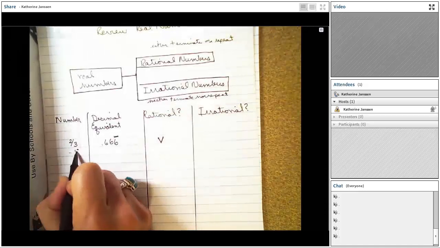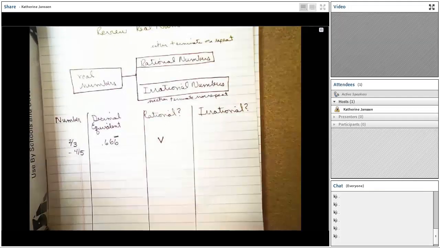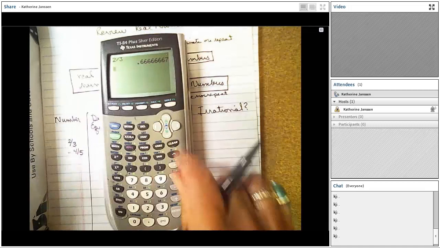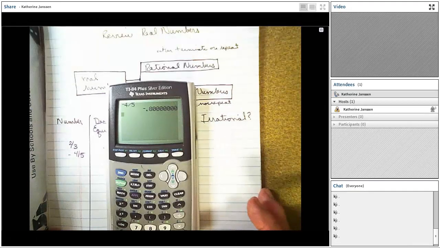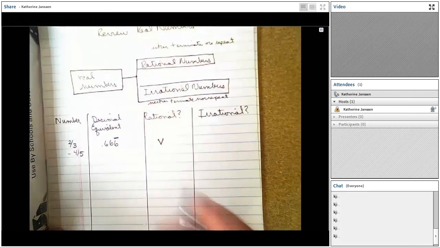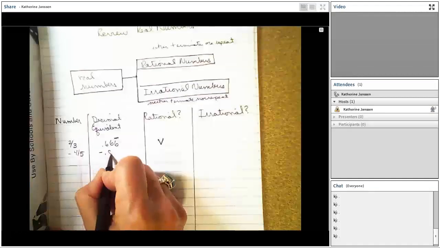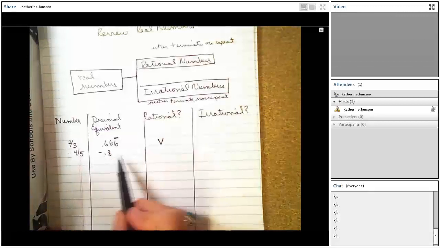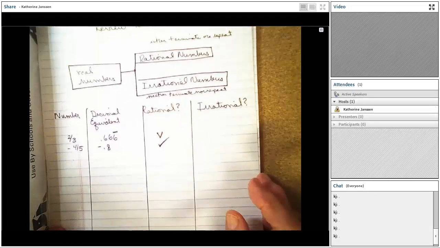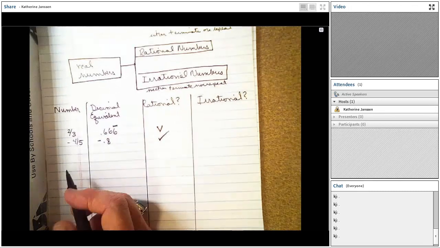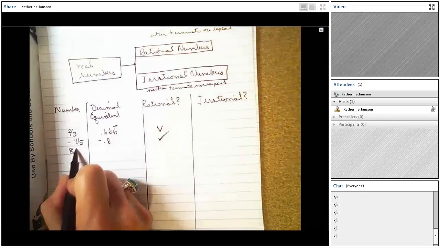How about -4/5? -4 divided by 5 in its decimal equivalent is -0.8. So in decimal format, it is terminating. So yes, it's a rational number. 8.2.